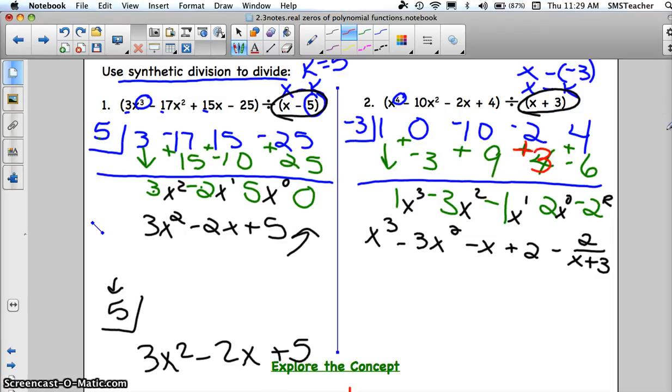Negative 2 plus 3 is 1. 1 times negative 3 is negative 3. And so I have a remainder of positive 1. Since this is positive 1, this is plus 1 over x plus 3.